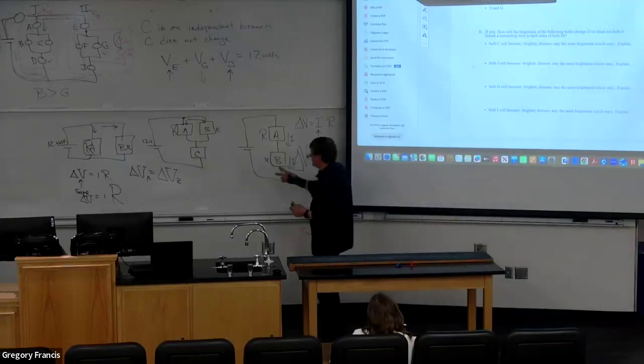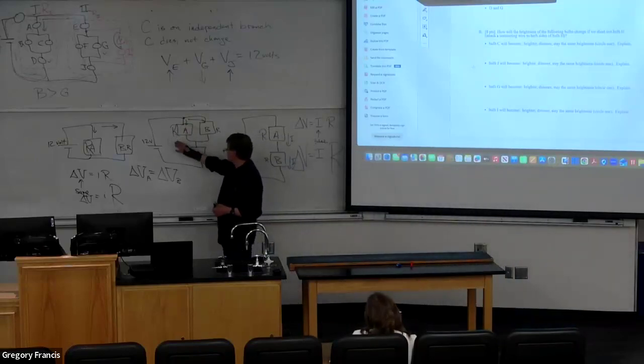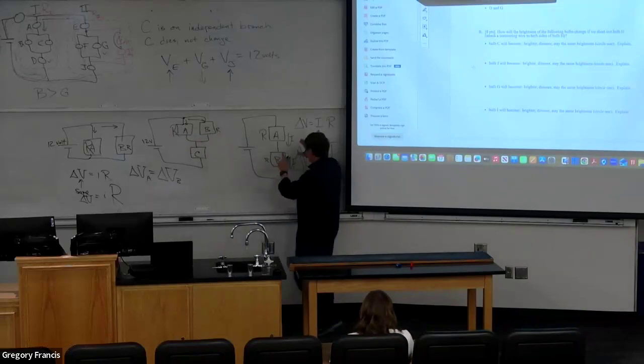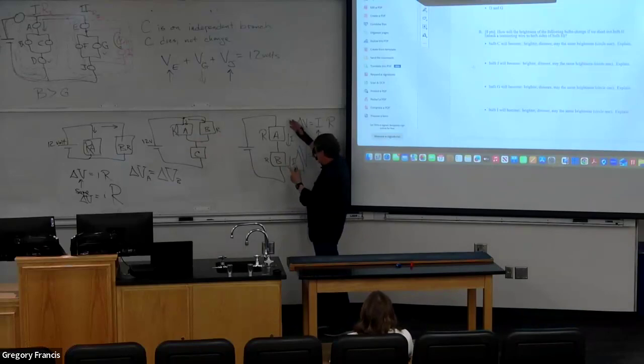So here in parallel, the box with the bigger R is going to get the smaller current, but they have the same voltage. Here, the box with the bigger R is going to get the bigger voltage, but they have the same current.